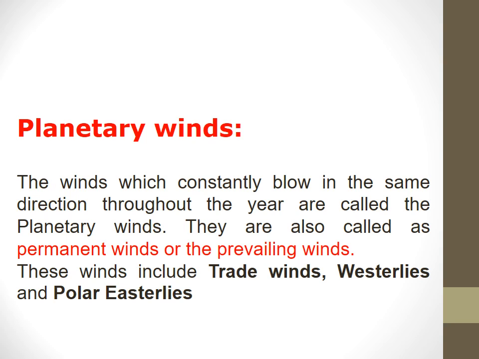This is one of the fast types of wind. When it becomes so vigorous and fast, it is called roaring 40s at 40 degrees, furious 50s at 50 degrees, and screaming 60s at 60 degree latitudes. What are they?